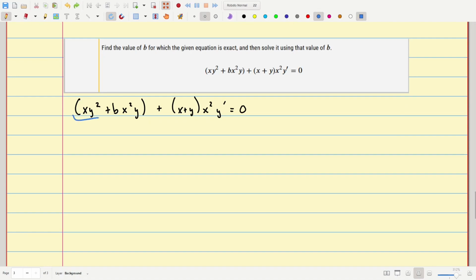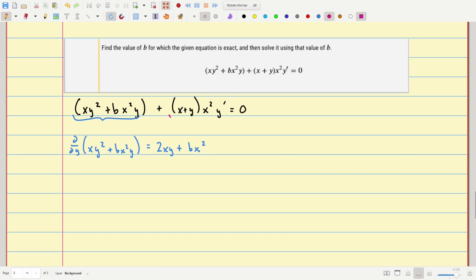So what we want to do is look at the partial derivative here. We're going to be differentiating with respect to y because we already should have differentiated with respect to x for the gradient. So we're going to get 2xy plus b times x squared.